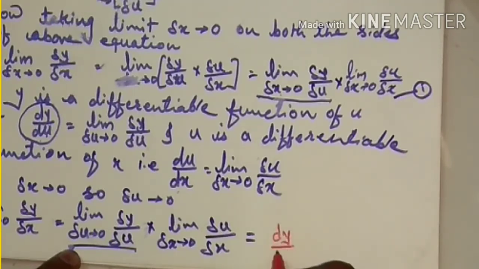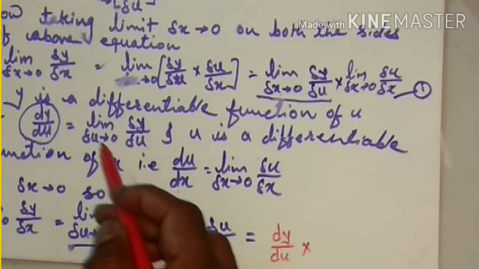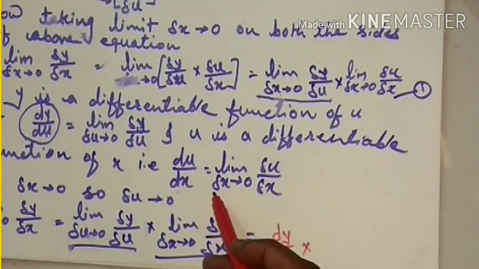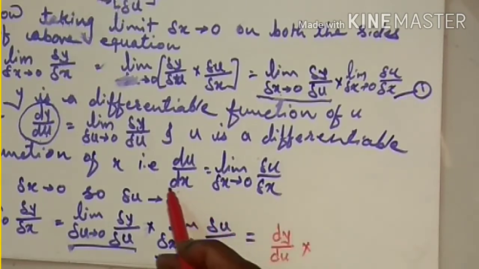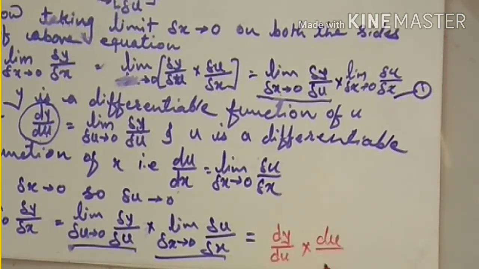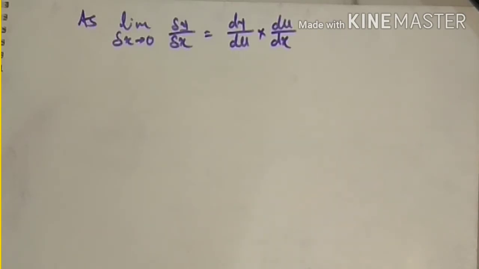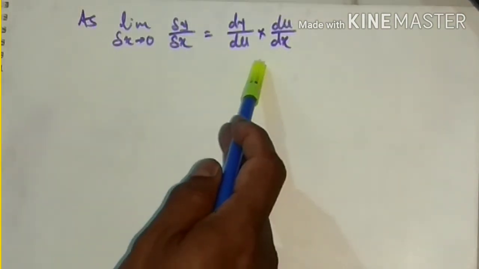This multiplication will remain as it is, and the second term, limit delta x tends to 0 delta u by delta x, is nothing but du by dx. So I will replace this by du by dx. So friends, now we have arrived at this step, that limit delta x tends to 0 delta y by delta x is equal to dy by du into du by dx.